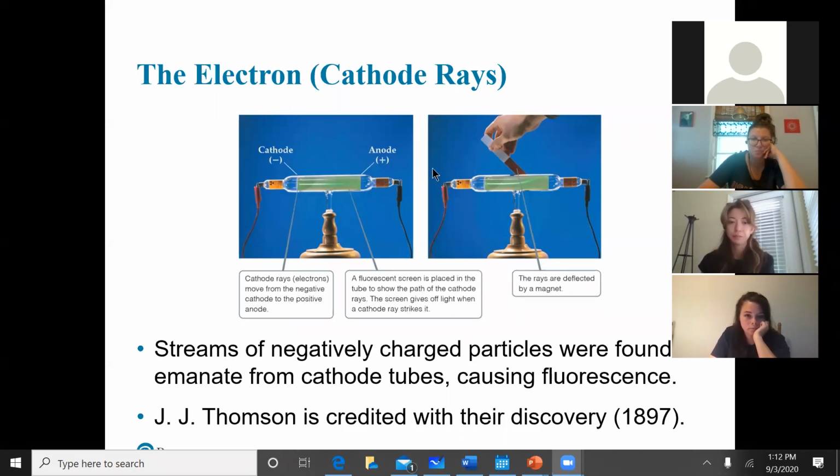The reason that we know it's negative is because we can put a magnet on the outside of it and it will actually deflect it. We use the positive side of the magnet, we find that there's deflection. So J.J. Thomson was credited with discovering that there was a negative particle within what was traditionally just a solid atom.